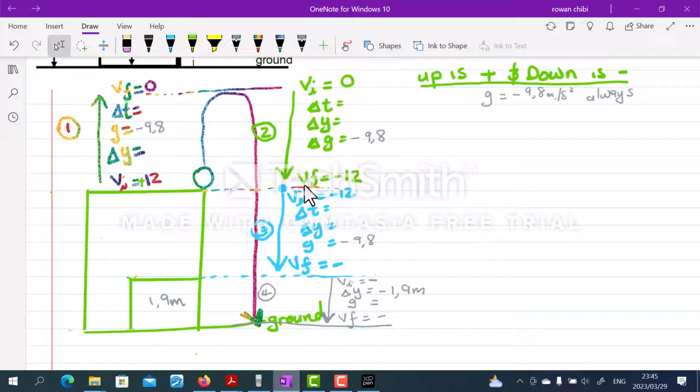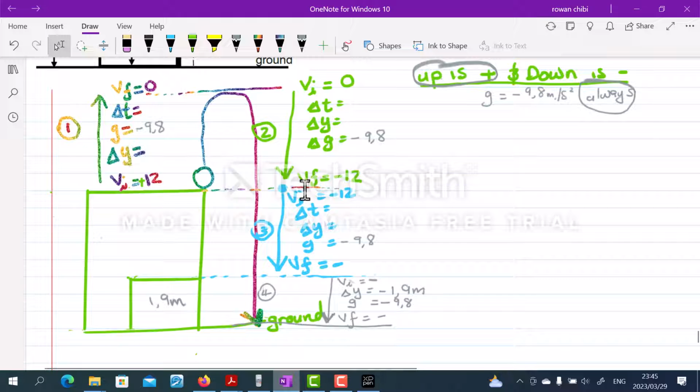So g is always negative 9,8 when you take up as positive, throughout the projection of the ball.